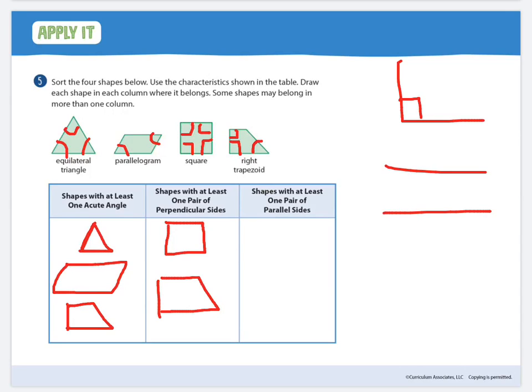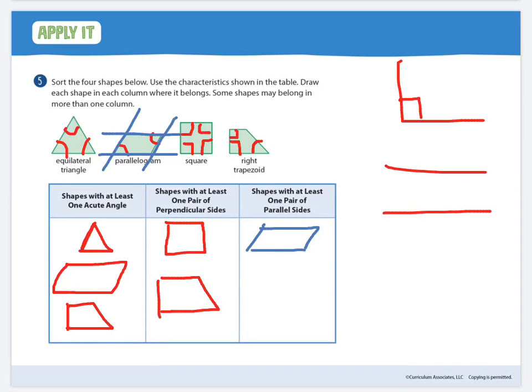The parallelogram does have a pair of parallel sides. There's our first pair, and here's our second pair. Those two pair of parallel sides never cross, so this shape belongs in this column here.